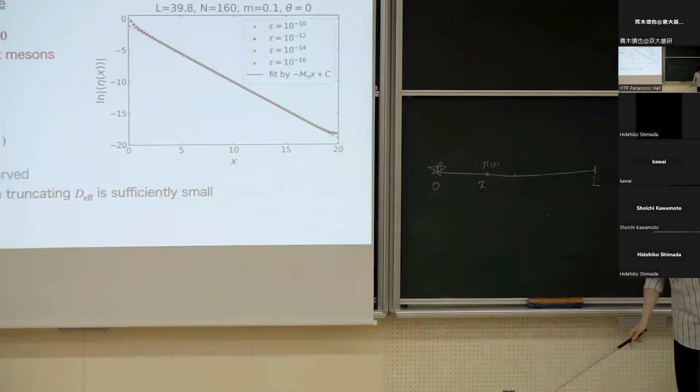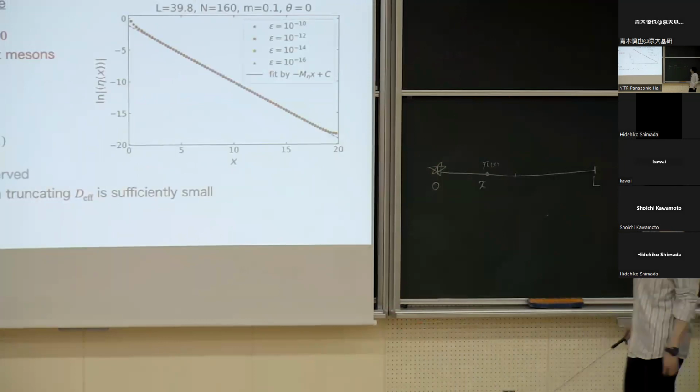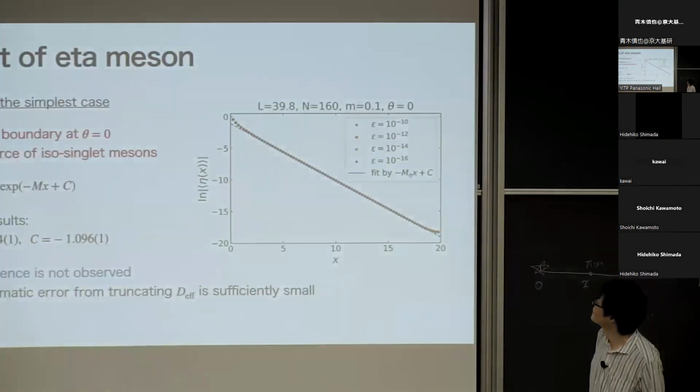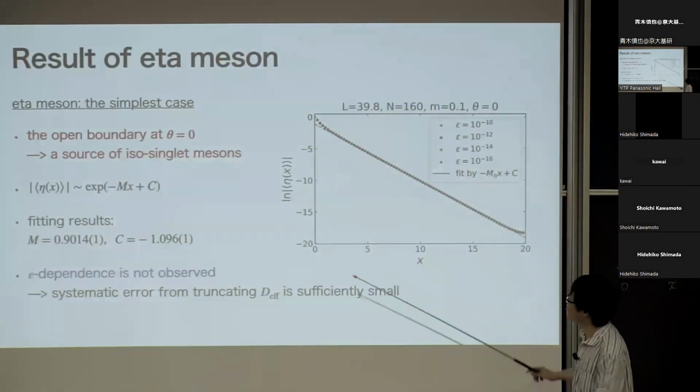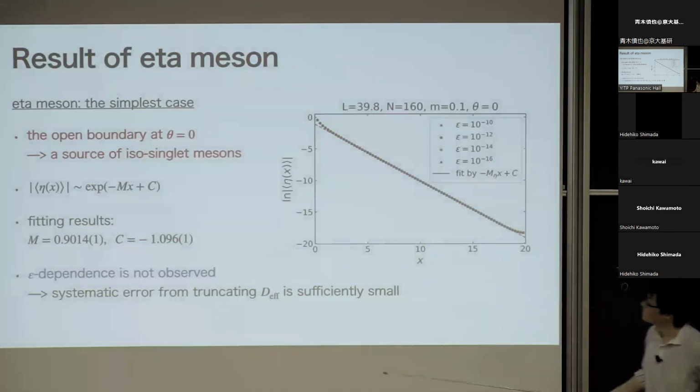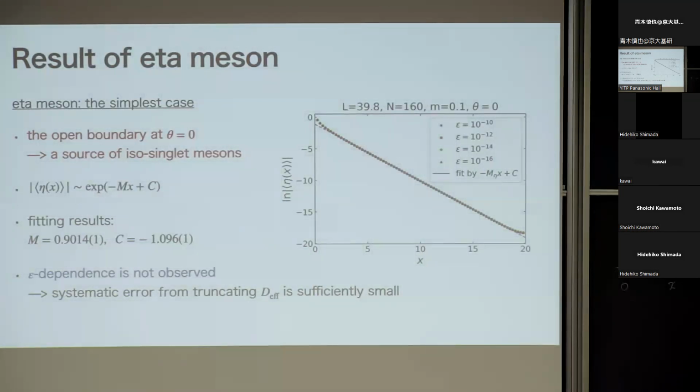Matsumoto-san, why is there no 1 over R correction in this case? It's not just a correlation function, but the one-point mechanism must be the same. You generate some state at the boundary, so it's like a boundary-to-middle correlation function.